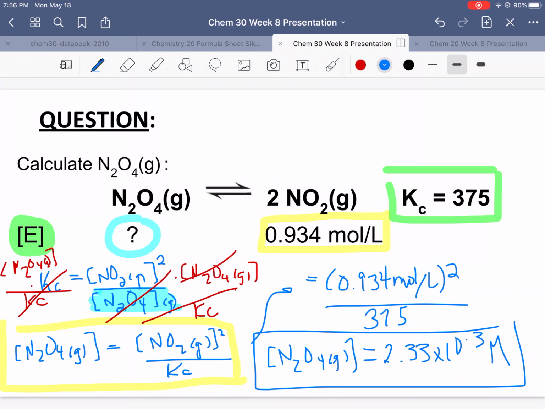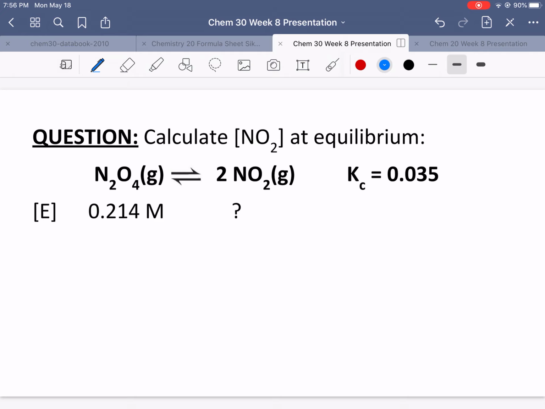All right, let's do one more that has a bit of a difference in the manipulation. What about this one? Once again, we have a scenario where I give you the equilibrium constant. And in this case, I'm going to give you the concentration of the dinitrogen tetraoxide instead and say, hey, can you figure out what the concentration of the nitrogen dioxide is? So it's a little bit of a flip on ideas, right?